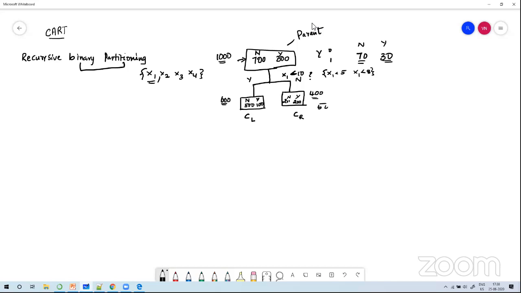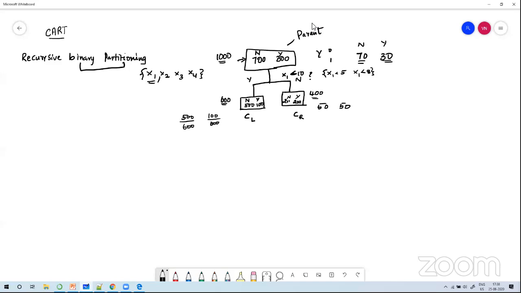On the left hand side it is 500 by 600, which is 5 by 6 for the no category, and for yes it is 100 by 600. On the right hand side it is 50-50.